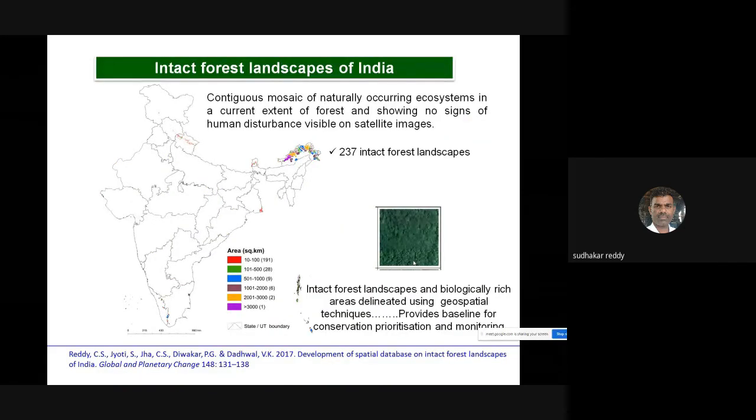The other work we did at NRSC is identifying the intact forest landscapes by utilizing more than 8-decadal forest cover change information and the spatial information of roads, agriculture, plantations, and various other anthropogenic factors like fire disturbances.